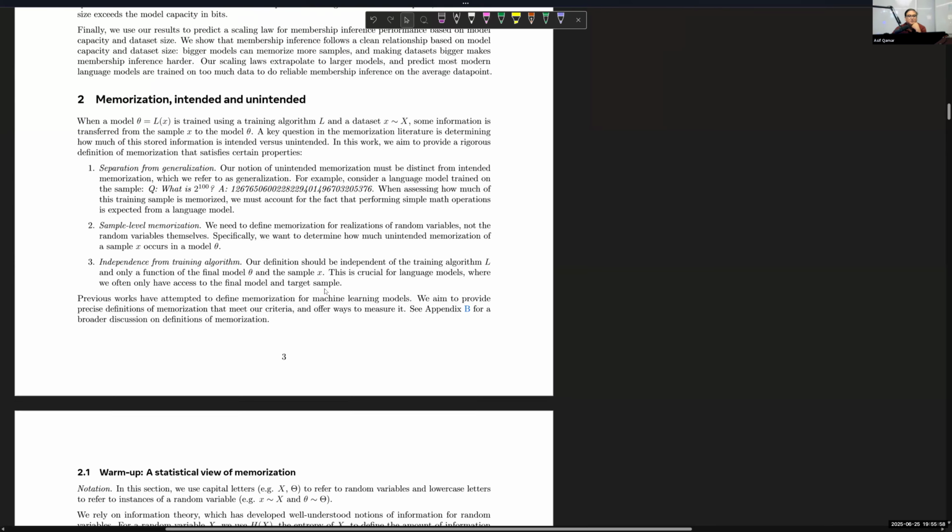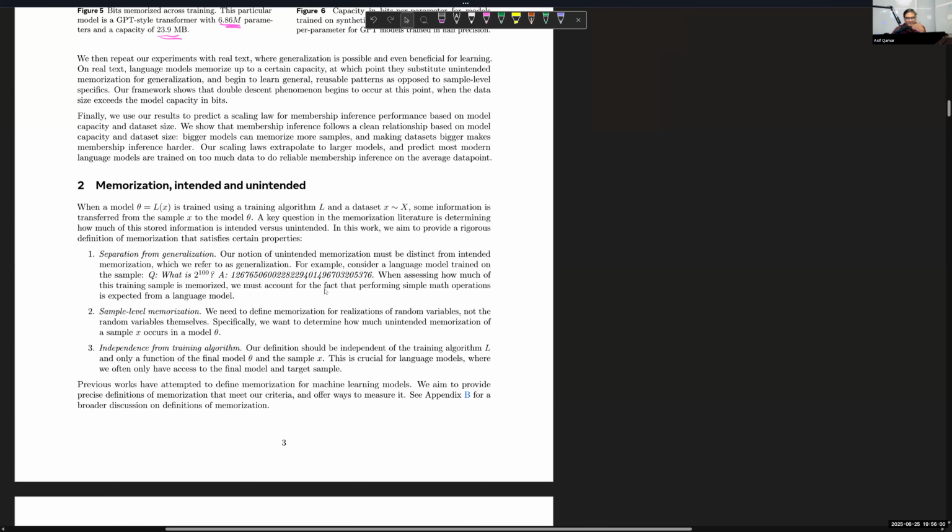Now, they do mention the separation of memorization from generalization. It is important to remember what is generalization and what is memorization. You have to be a little bit careful, and obviously a simplistic notion may not be quite correct. This is the example they take. Suppose you give a question, what is 2 to the power 10? And this is the answer, and let's say it was in the training data.